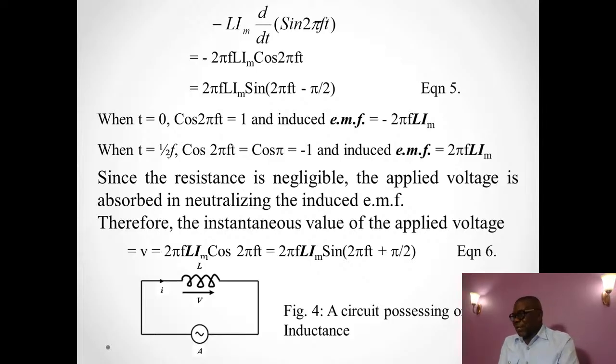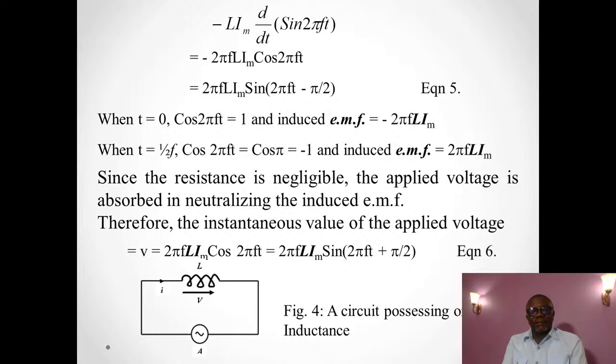Now, if you look at the figure, which we call figure 4, you see that it is just representing a circuit with only an inductor. In real life, we don't have a pure inductive circuit or a pure resistive circuit, because even the wire you use to connect your resistor is generating some flux around it.